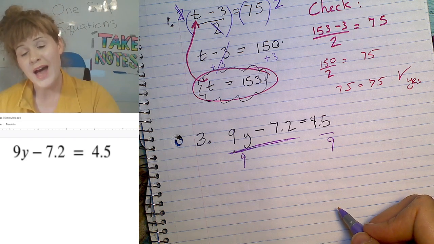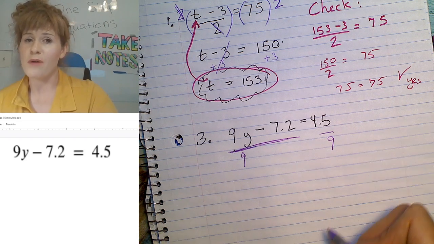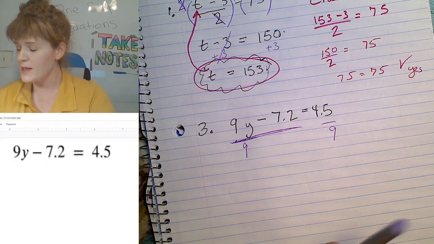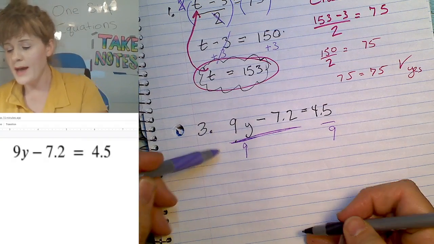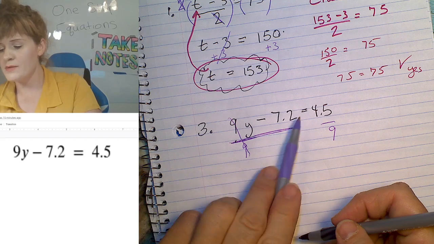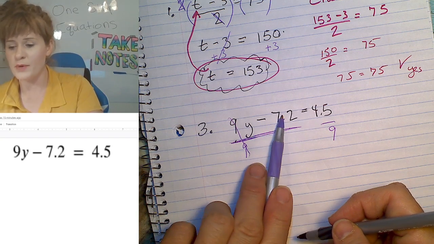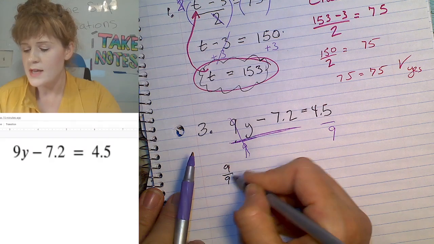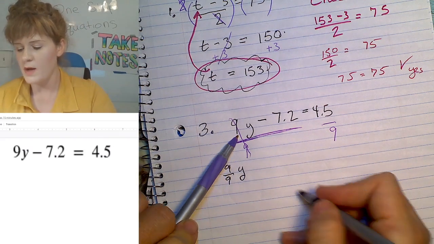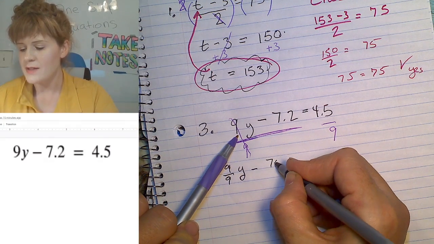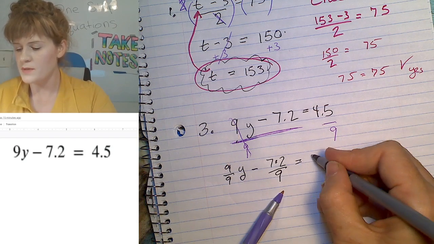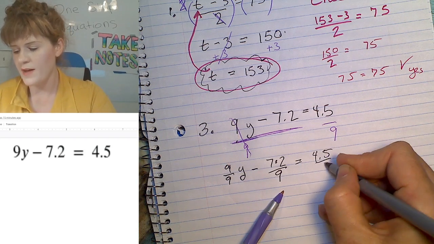But if you do that, you actually make your problem harder because the whole left side divided by 9, well, yeah, these 9's cancel out, but you still have this negative 7.2 divided by 9 because what you really did was 9 divided by 9 times y minus 7.2 divided by 9 equals 4.5 divided by 9.